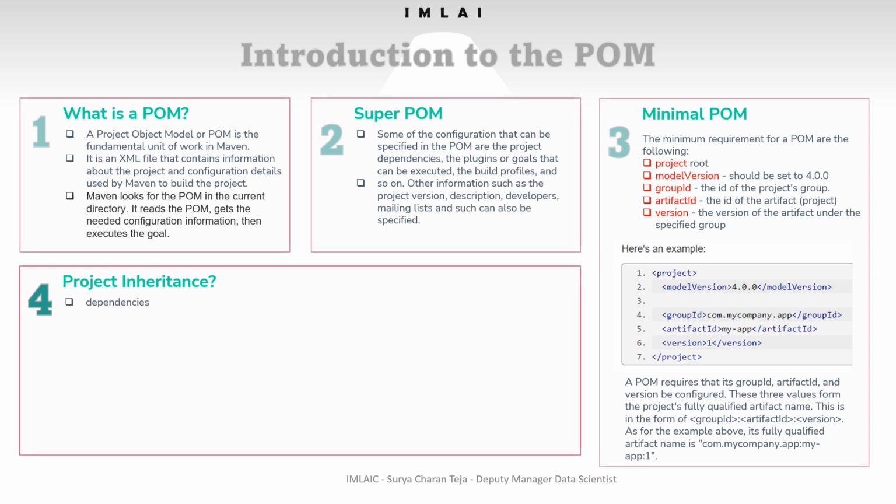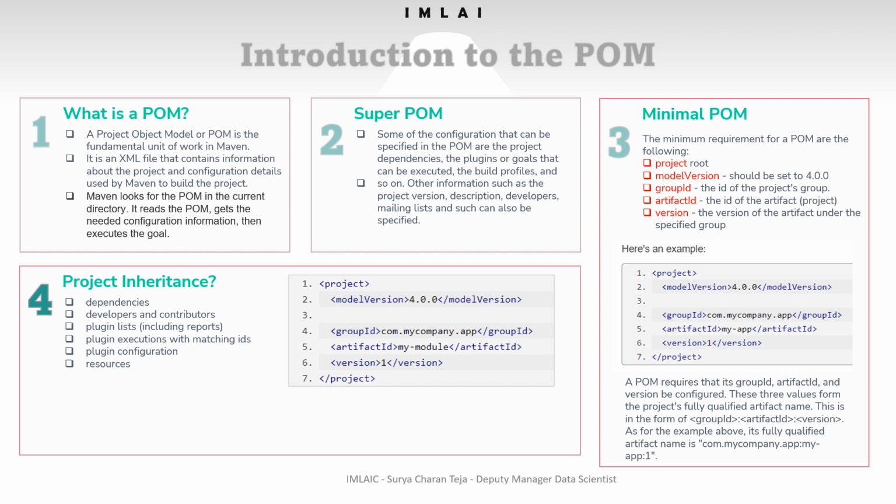It begins with dependencies, developers and contributors, plugin lists including reports, plugins, plugin executions and matching IDs, plugin configuration, resources, and so on. The super POM is one example of project inheritance. However, you can also introduce your own parent POMs by specifying the parent element in the POM.